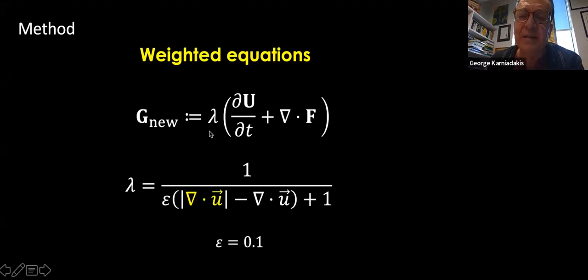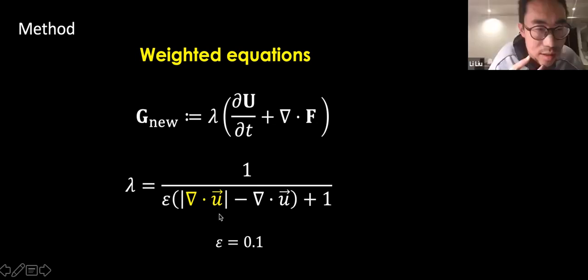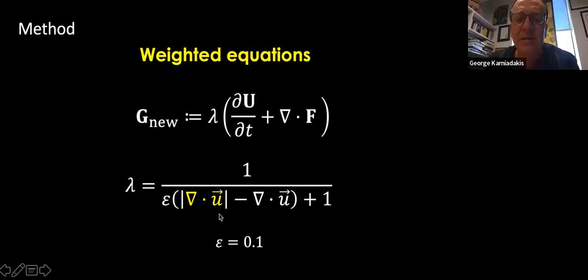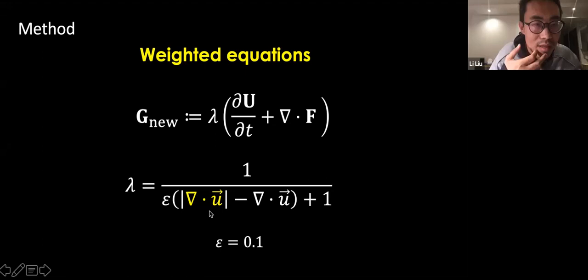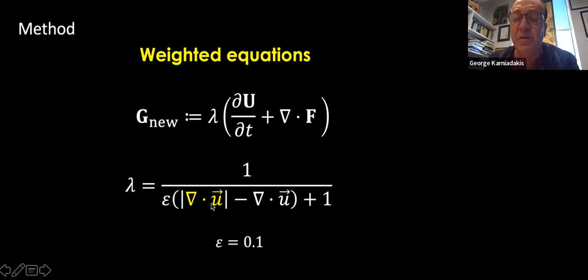Here u is the vector, the velocity. So you take the whole vector. The divergence of the velocity only. I see.